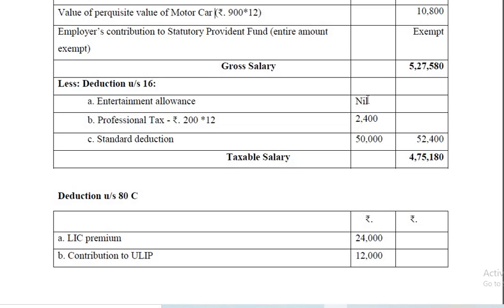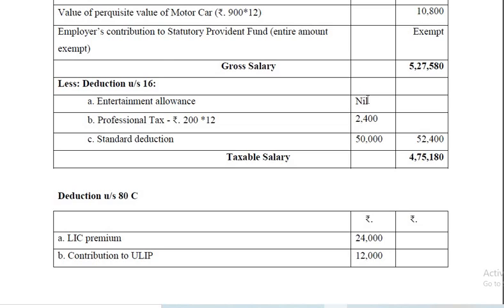The remaining amount is taxable, so not the full amount is deducted, the deduction is limited to the least of the three values. But here it is not available because the assessee is not a government employee.